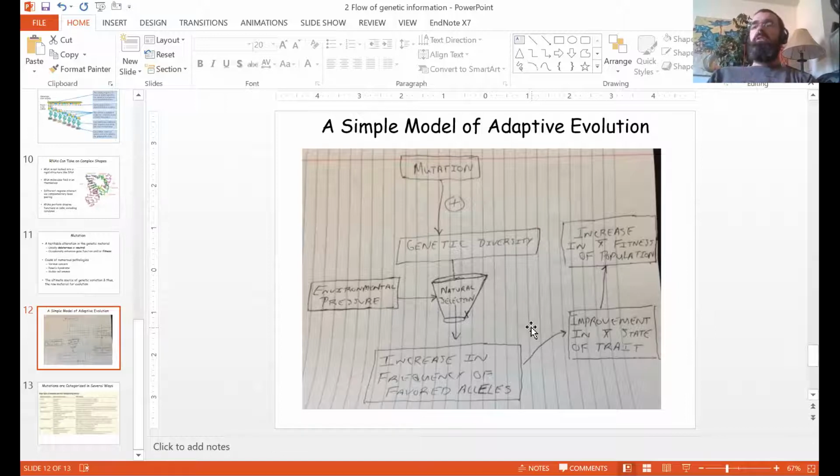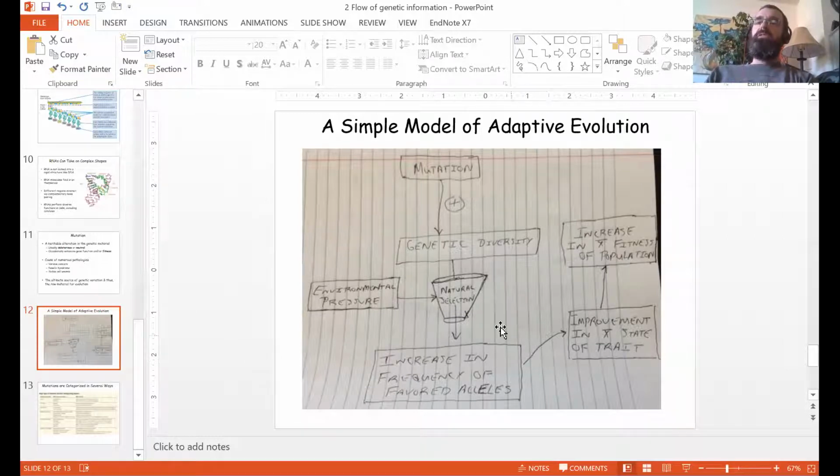It's going to concentrate down some particular variations, and it's going to discard others. Those which reduce your fitness are going to get lost. So if you have a mutation which causes you to run slowly, you're going to get eaten by a saber-toothed tiger, and the ones that don't have it are not. As they say, it pays to be the second slowest person being chased by a tiger, right?